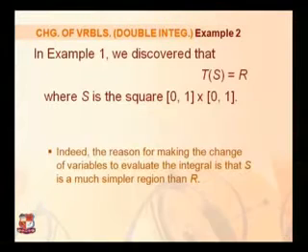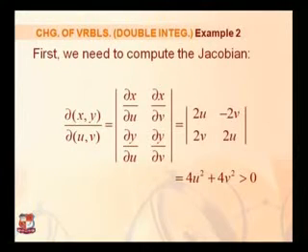So here is some explanation about that example, where S is the square 0 1 cross 0 1. The most important thing is to compute the Jacobian.